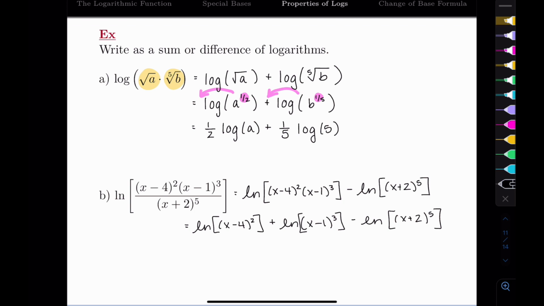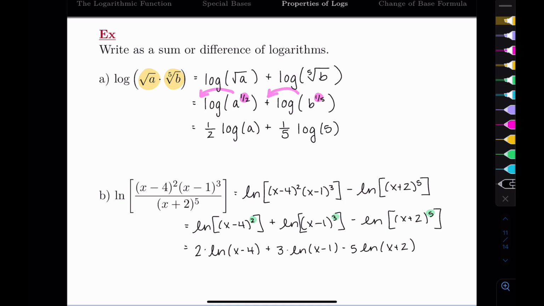Right. And now there's one last step. Each of these on their own has an exponent, so they can pop out front. So the furthest we can expand this is 2 times natural log of (x minus 4) plus 3 times natural log of (x minus 1), and then minus 5 times natural log of (x plus 2).